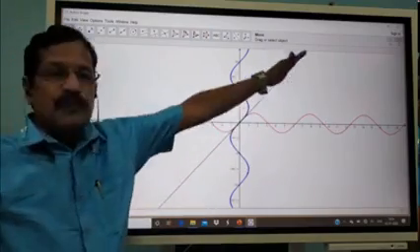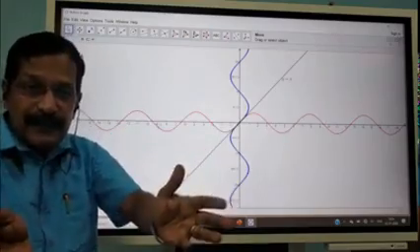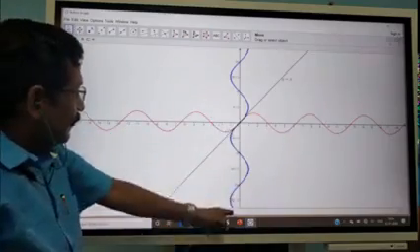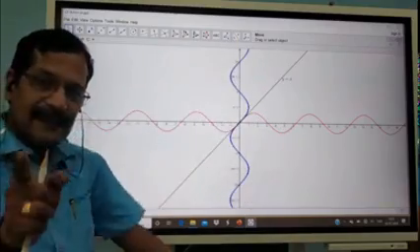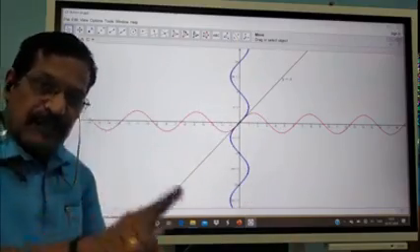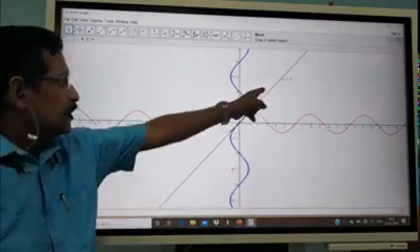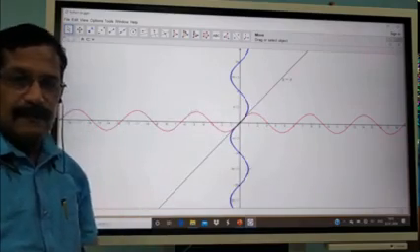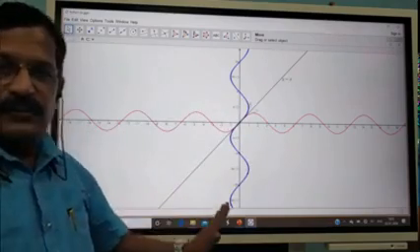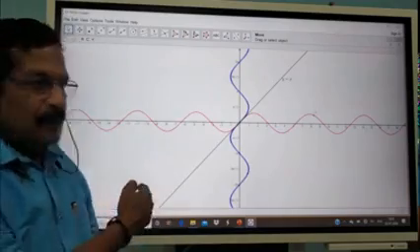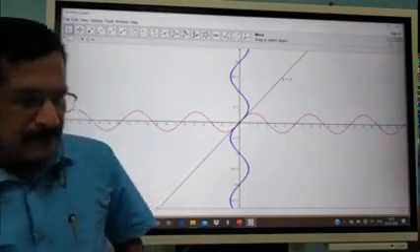This is the line y is equal to x. Now it is clear that the graph of sine inverse is the mirror image or reflection of the graph of sine with respect to the line y is equal to x. Now it is clear. The same picture is in our textbook.